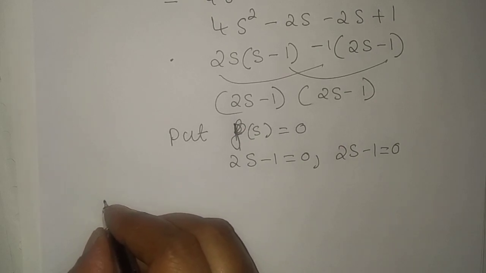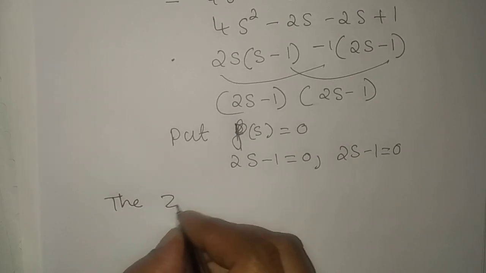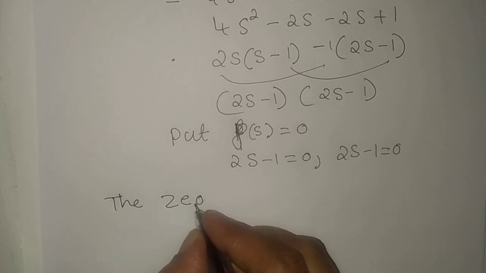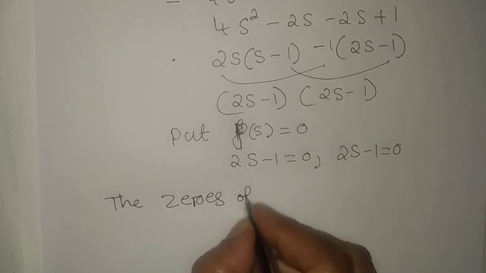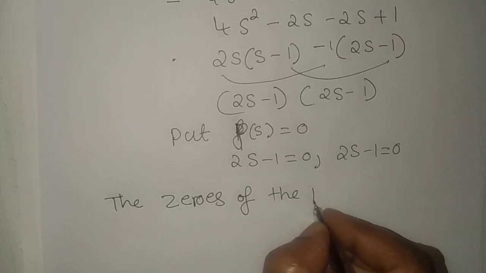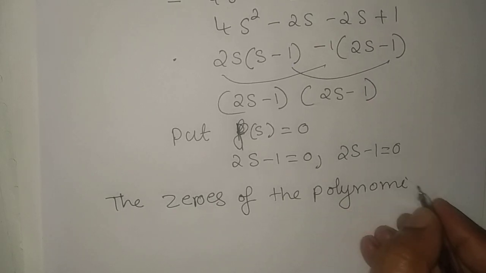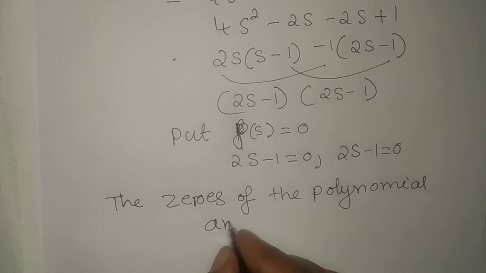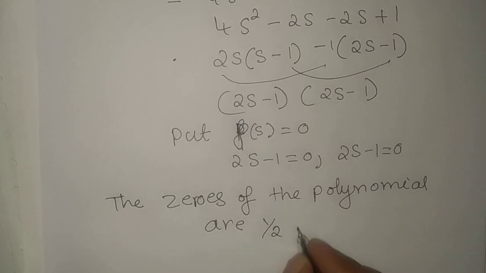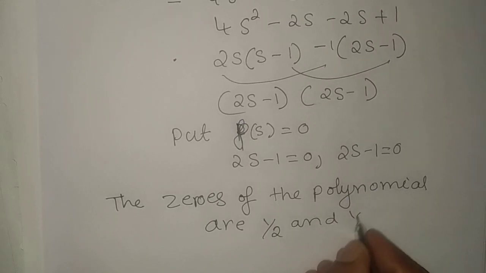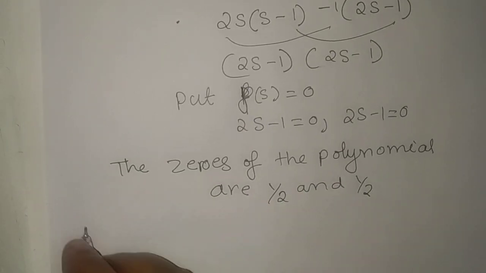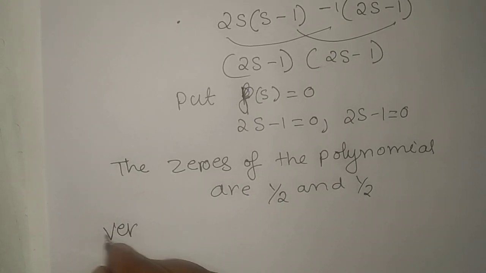So hence the zeros of the polynomial are 1 by 2 and 1 by 2. So now verification.